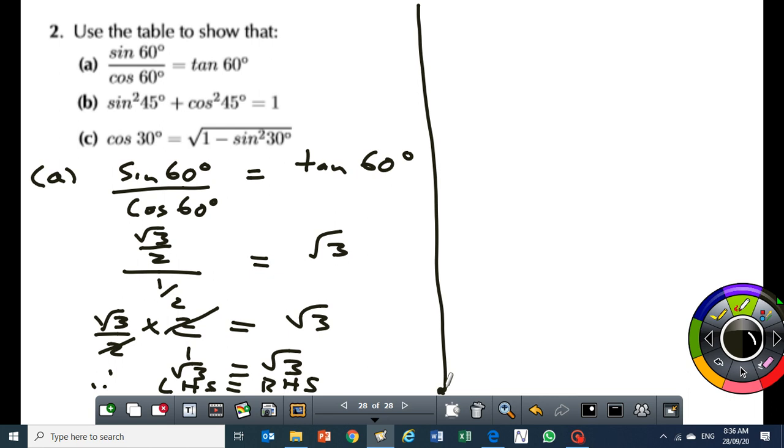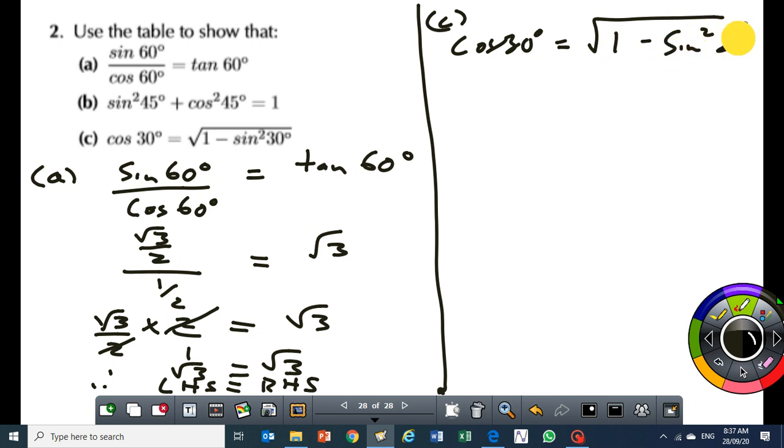Right. C. For C, you have cos 30 degrees is equal to the square root of 1 minus sine squared 30 degrees. Okay, it looks scary, but it's not that difficult to do.